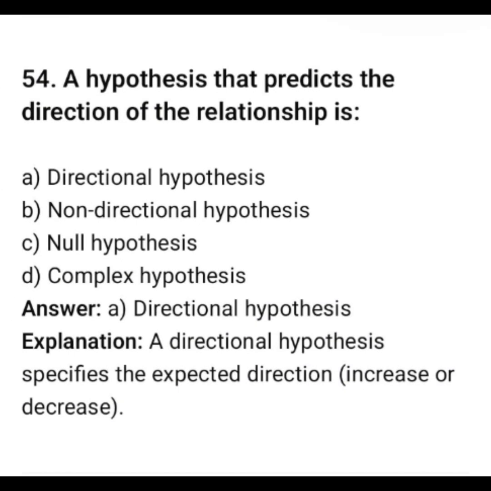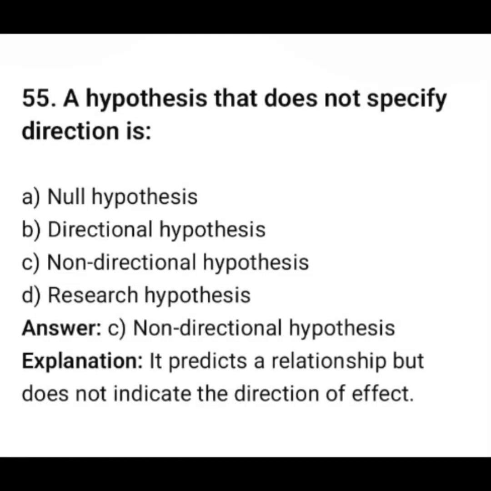A hypothesis that predicts the direction of the relationship is: directional hypothesis, non-directional hypothesis, null hypothesis, complex hypothesis. The correct answer is option A, directional hypothesis. A directional hypothesis specifies the expected direction, increase or decrease. A hypothesis that does not specify direction is: null hypothesis, directional hypothesis, non-directional hypothesis, research hypothesis.